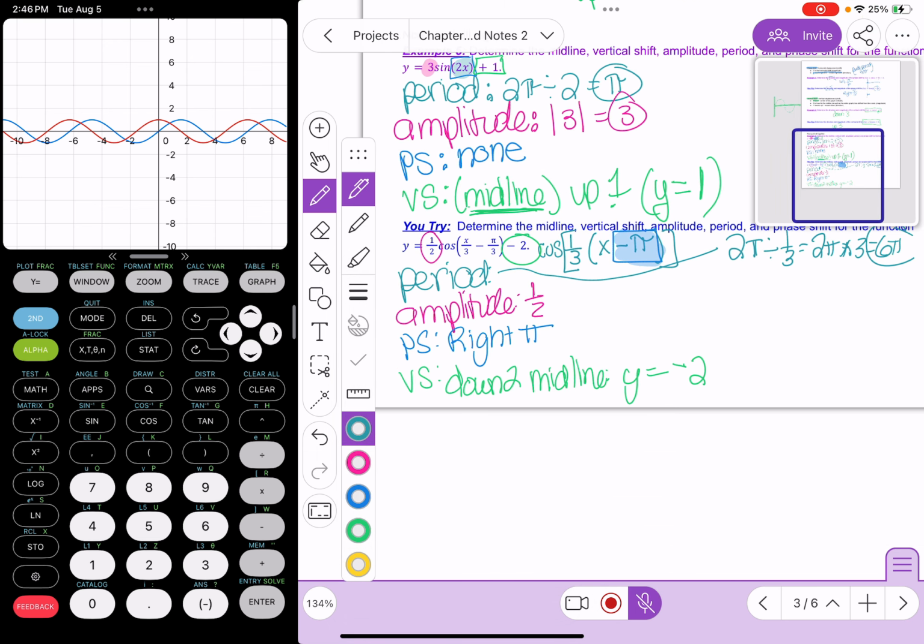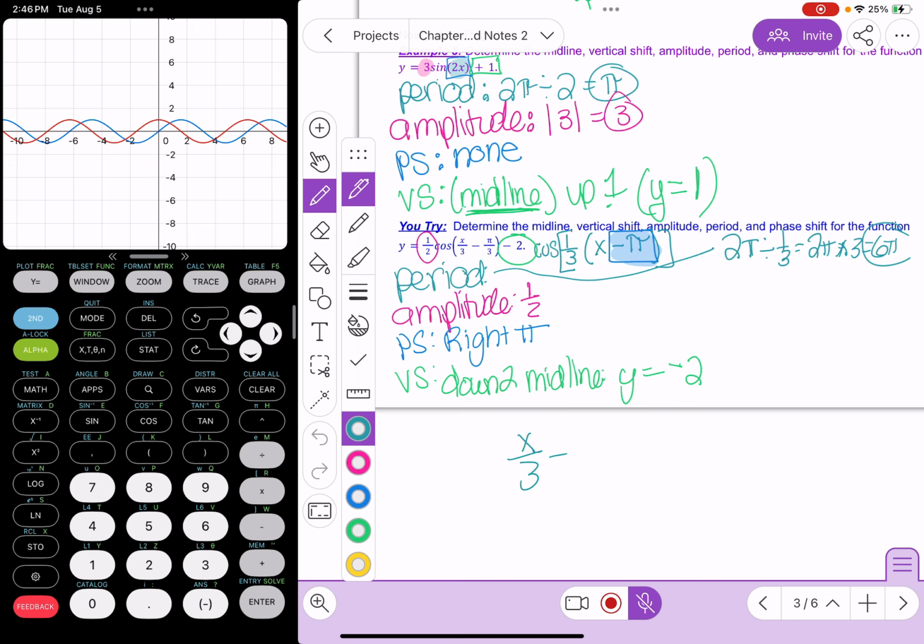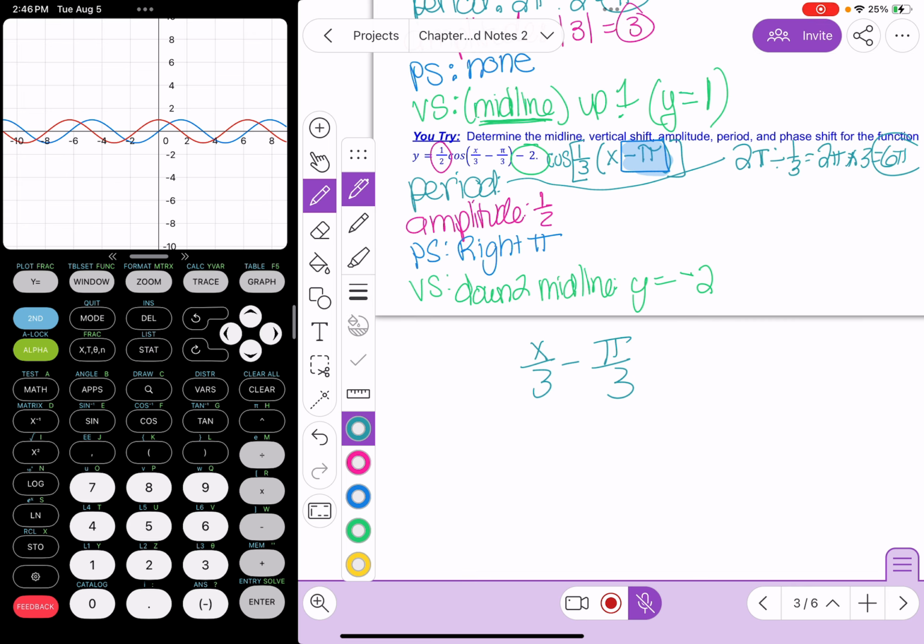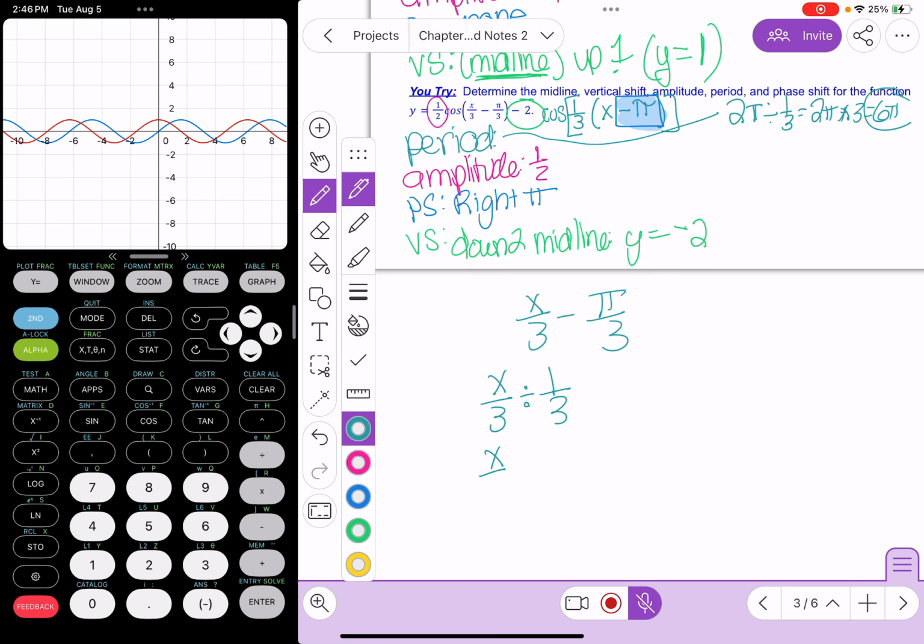What I did for that, I had x over 3 minus pi over 3, and I said, hey, those both have a 3 on the bottom. So essentially, I said x over 3 divided by 1/3, which is x over 3 times 3, which gives me x, because those would cancel. And then I did the same thing: pi over 3 times 3 over 1 gives me pi.